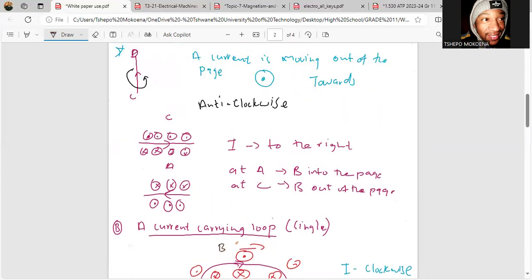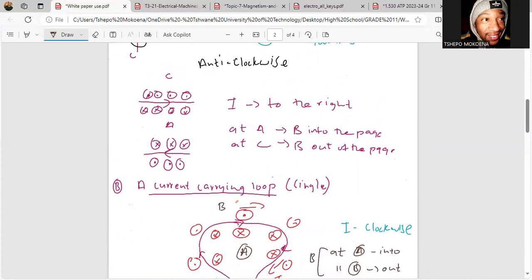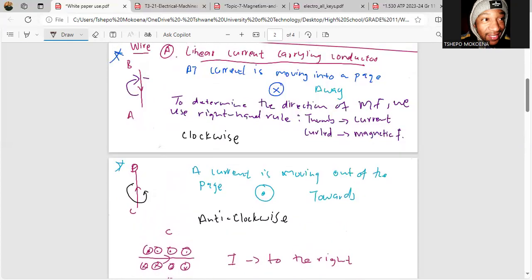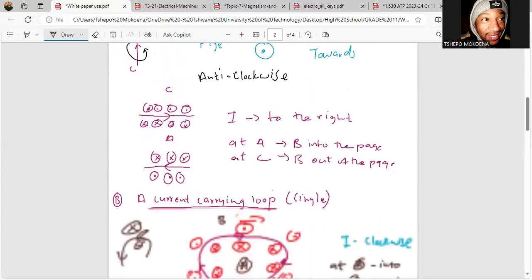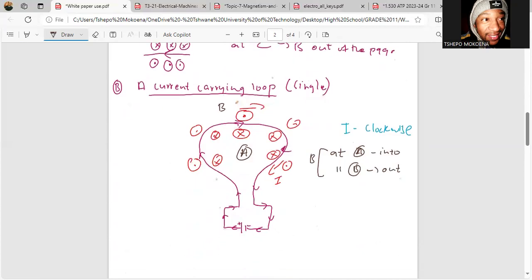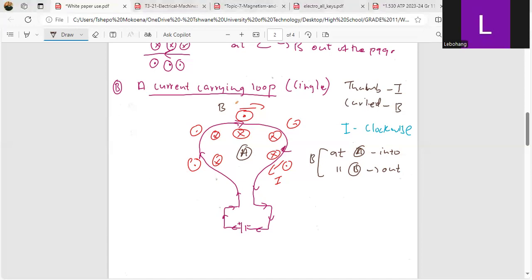Even here we spoke about current, magnetic field, by using the right hand throughout, where the thumb represents the direction of the current, the four curled fingers represent the direction of the magnetic field. Guys, do we understand? Yes.